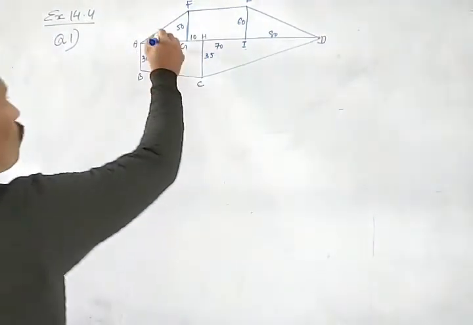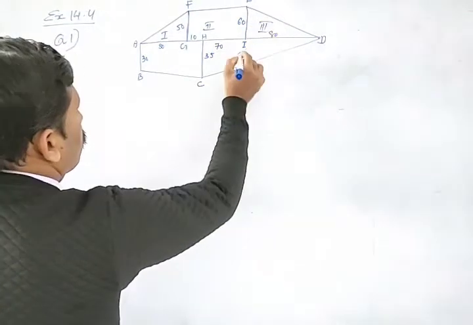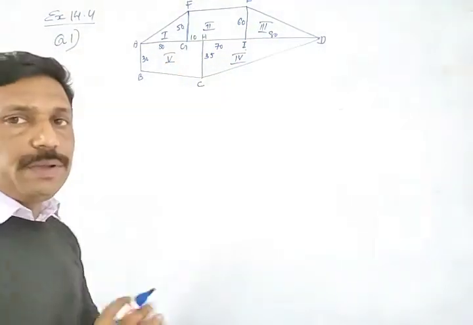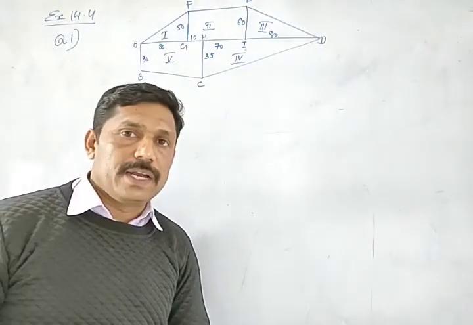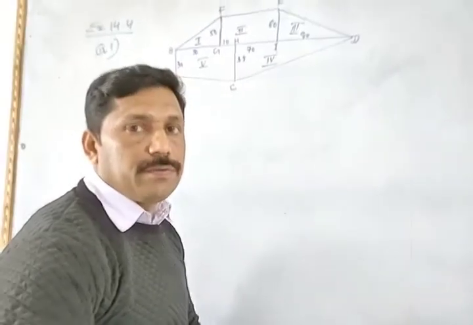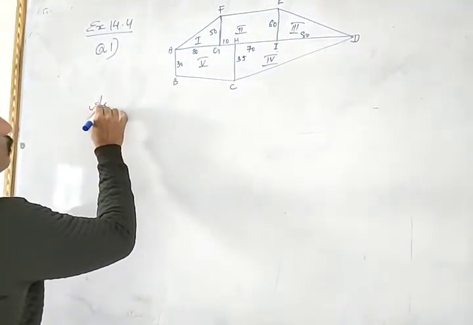So we give figure 1, figure 2, figure 3, figure 4 and figure 5. And then we find out the area of these figures separately, and then we find out the area of this figure.